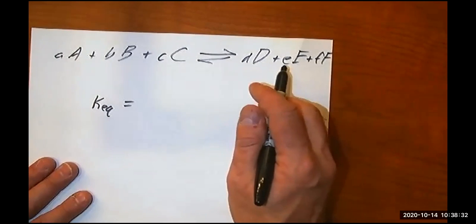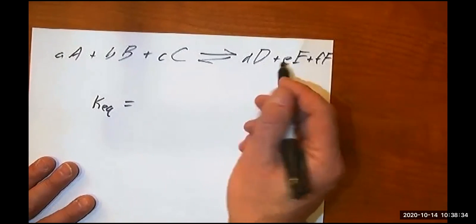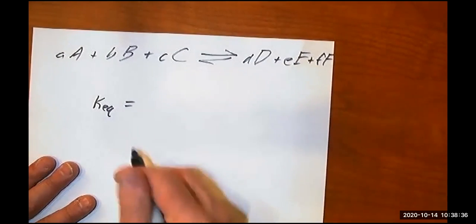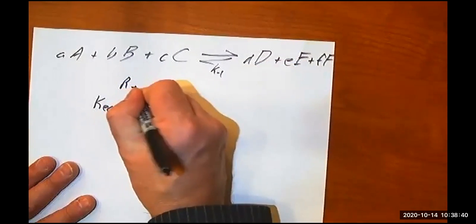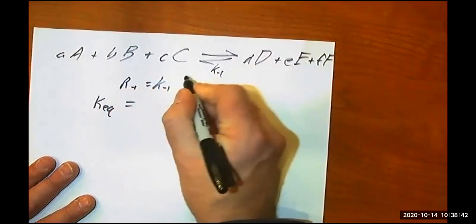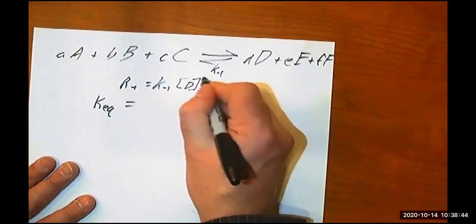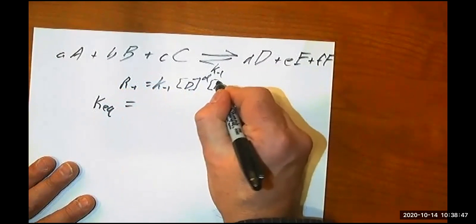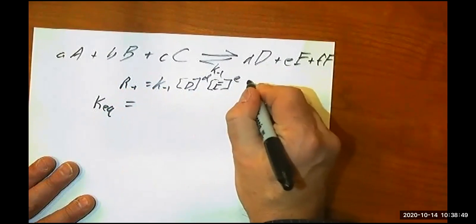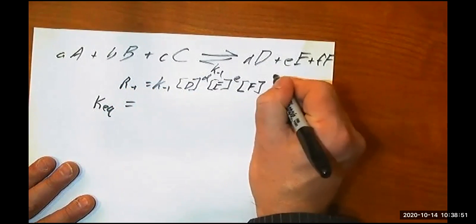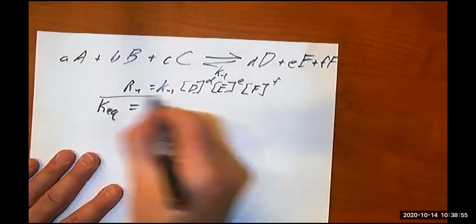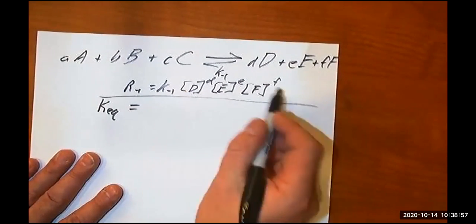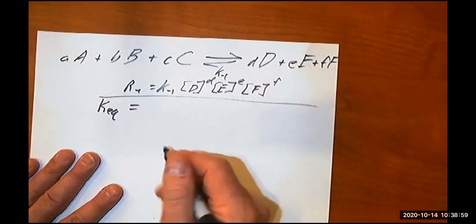If we were looking at the rate of the reverse reaction, it would be R minus 1 is k minus 1, concentration of D to the d, concentration of E to the e, concentration of F to the f. So for our equilibrium constant, we do all of this without the k.